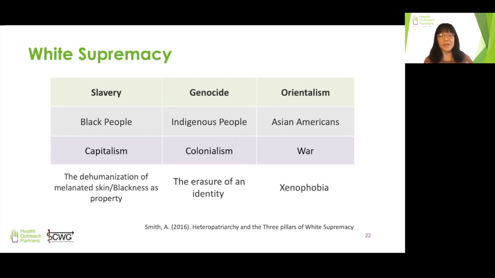And then you have this pillar of genocide, where there is the erasure of identity. So we see it most in what's happened with indigenous communities, and this concept of Orientalism, where it's creating that other concept, right?